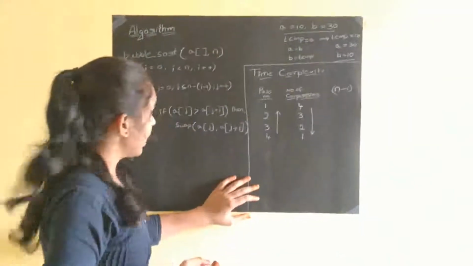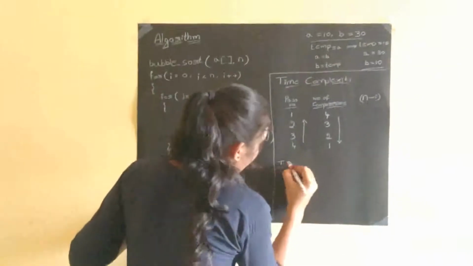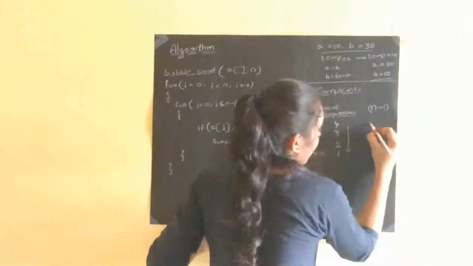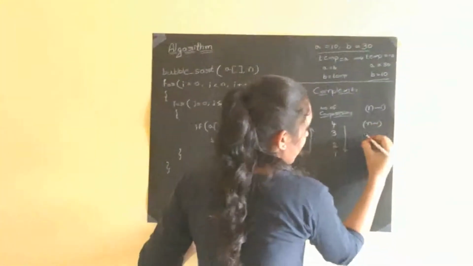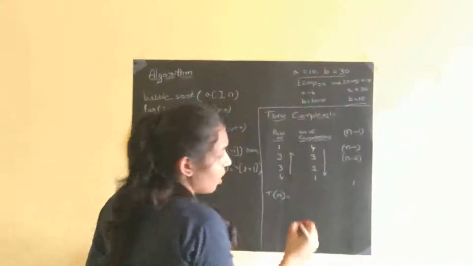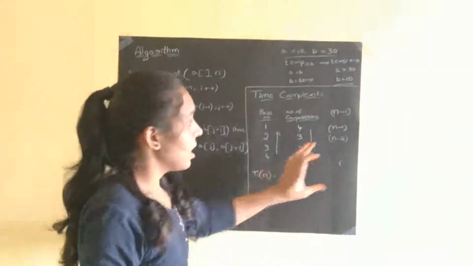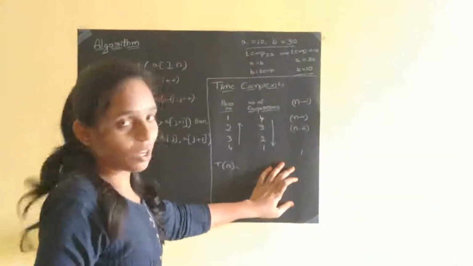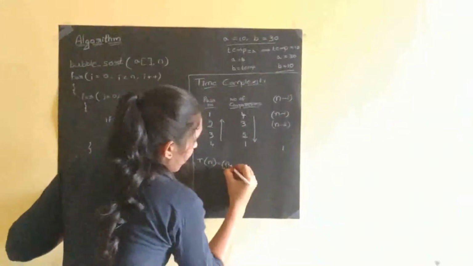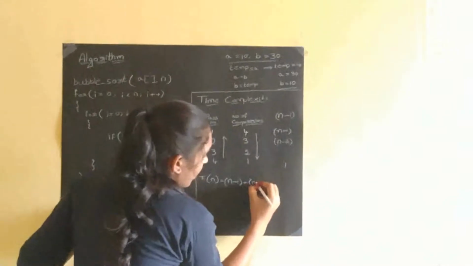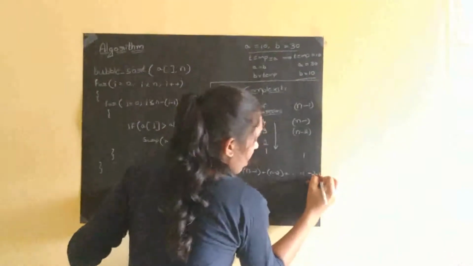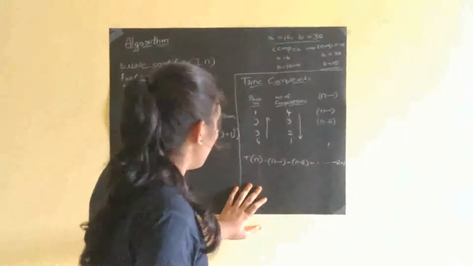We can calculate time complexity as follows. These comparisons are given by n minus 1, n minus 2, up to 1. Time complexity means the total amount of time required for its execution, so we are adding all these: n minus 1, n minus 2, and so on up to 1.